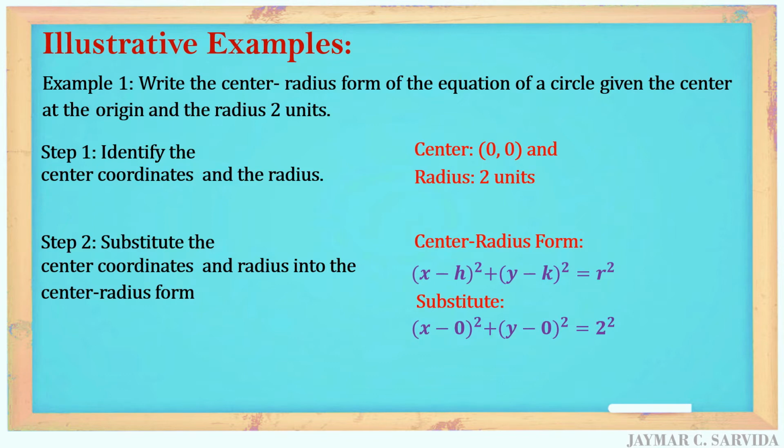So if we substitute, here is our h and here is our k. Both of them are 0. So we substitute the values of h and k into our center radius form. Our h, we replace with 0. The same with our k, we also replace it with 0.